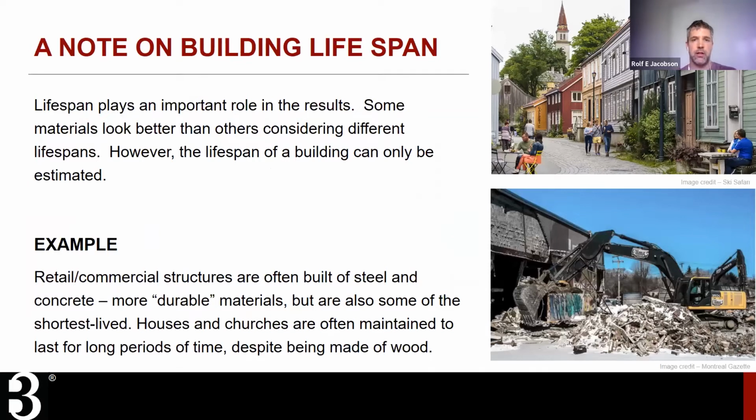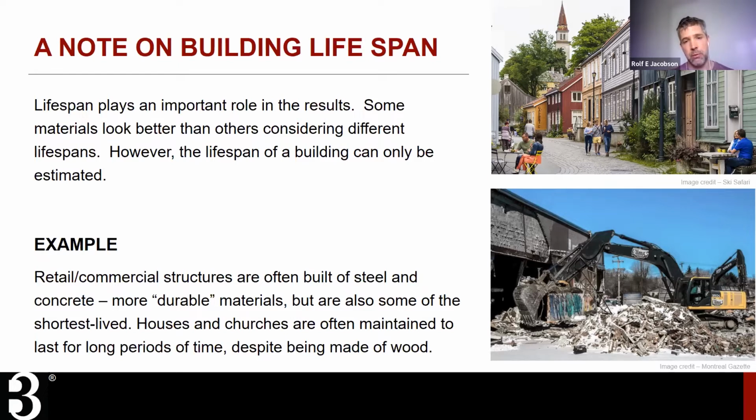All right, lastly, there's a note here on building lifespan. And obviously building lifespan can make a very large difference on your LCA results, because you can have a product such as vinyl cladding, which looks maybe pretty good, low energy compared to other claddings like brick or metal on day one, but vinyl doesn't last very long. So if you set your building lifespan at 100 years, there's going to be maybe 2, 3, maybe even 4 replacements of that vinyl cladding over that 100-year time span.